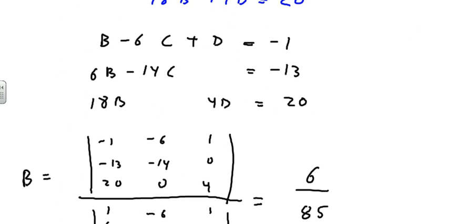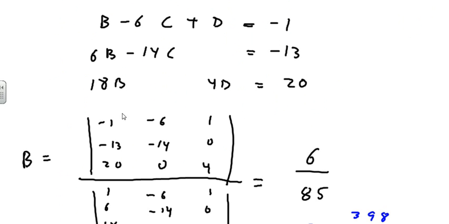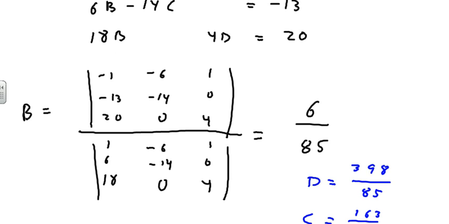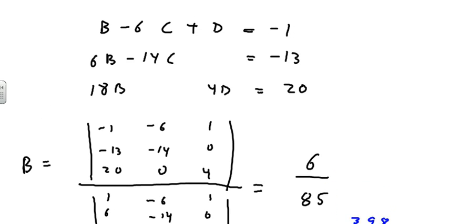And so I'm going to solve for b first. So I set up my Cramer's rule for solving for b. I use the stuff on the other side of the equation to substitute for my coefficients of b. There's my c, there's my d's. And I end up with b being 6 over 85.